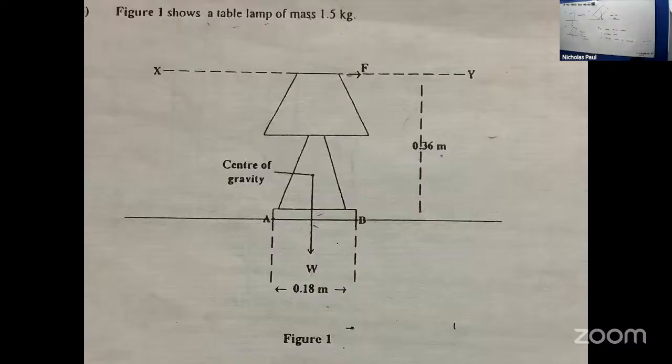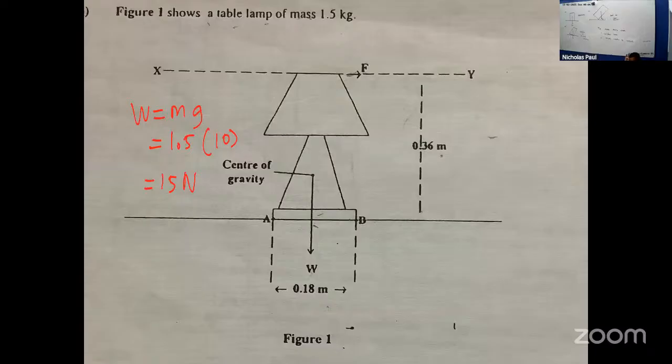How do we get the weight? Mass times gravity. Excellent. Mass is 1.5, gravity is 10, so the answer is 15 newtons.